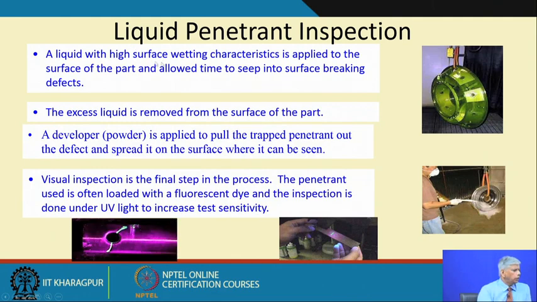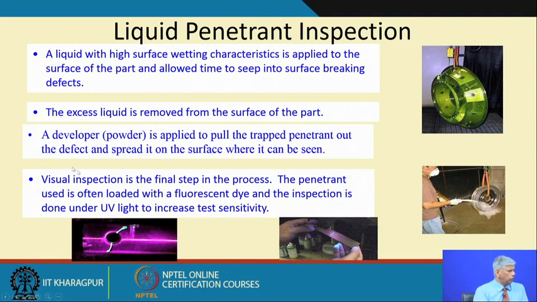A liquid with high surface wetting characteristics is applied to the surface of the part and allowed time to seep into the surface, breaking defects. The excess liquid is then removed, you wipe it off, and a developer is applied and spread it on the surface where it can be seen.